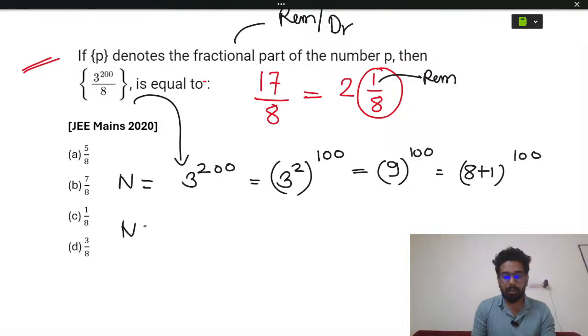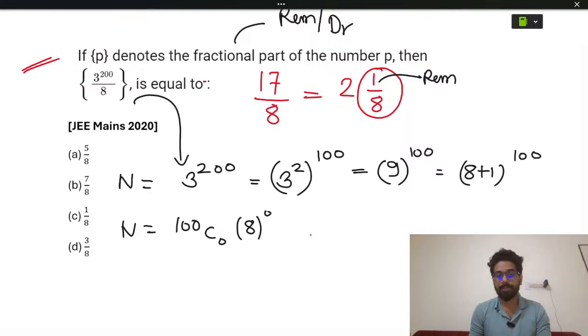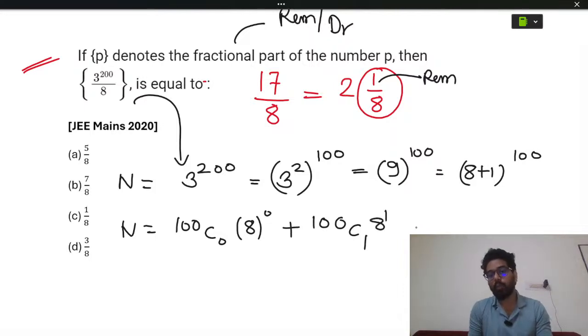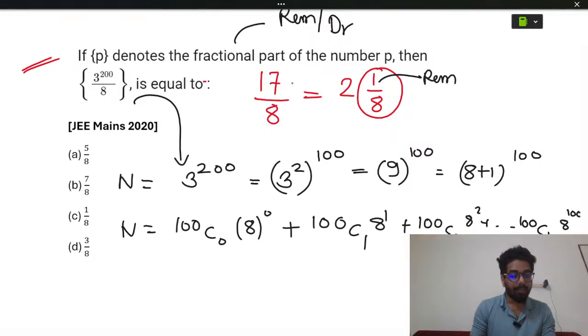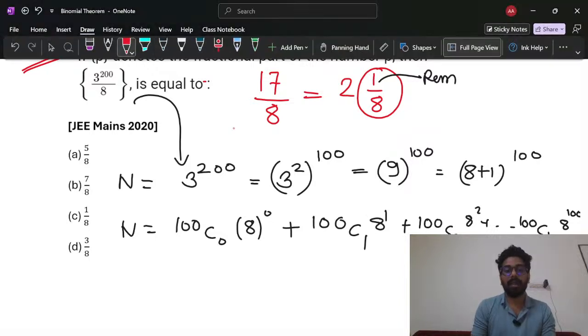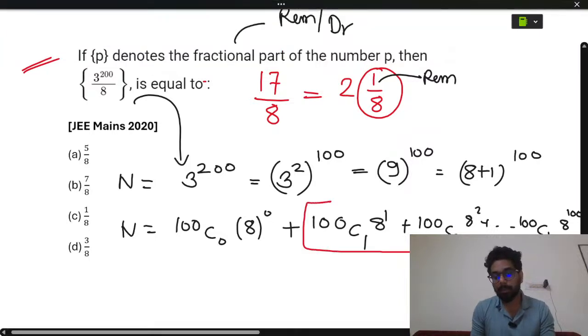So n will be equal to 100C0 into 8 power 0, 1 power 100, plus 100C1, 8 power 1 into 1 power 99, plus 100C2, 8 power 2, till 100C100, 8 power 100. Now the thing to observe is that every term except the first term is a multiple of 8.